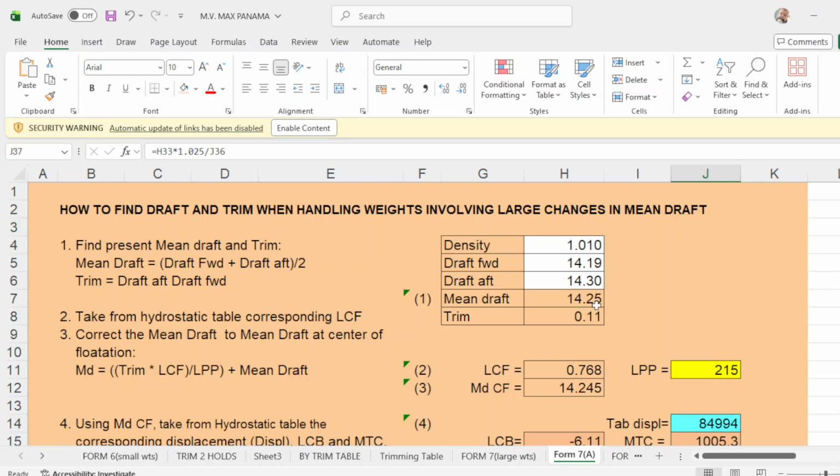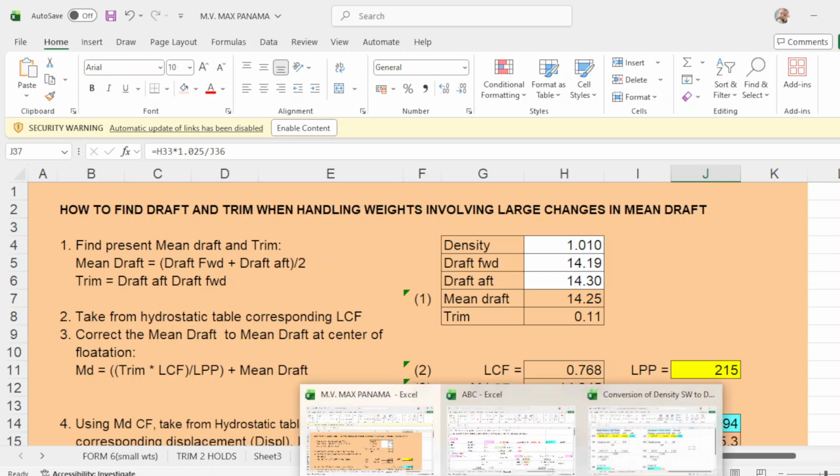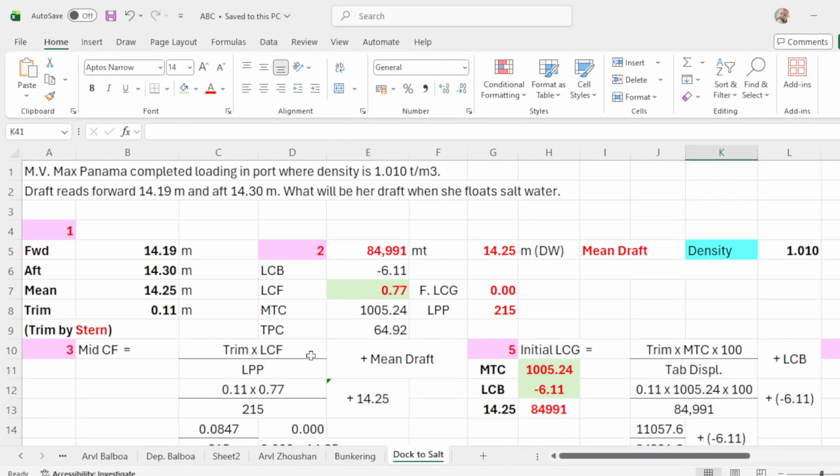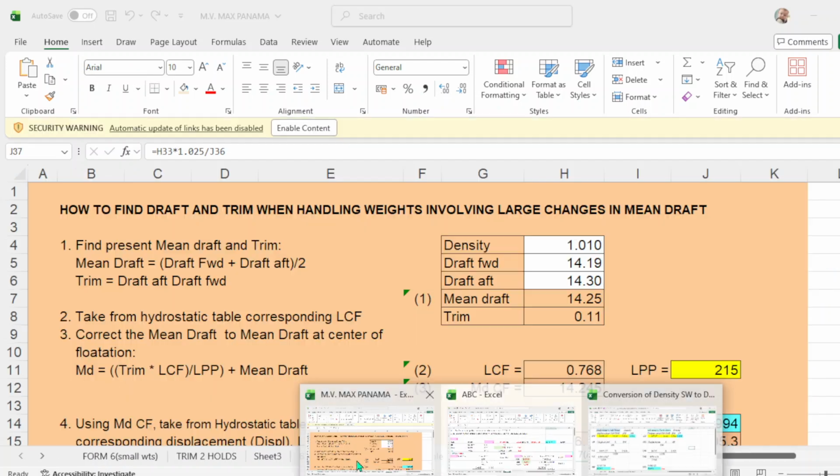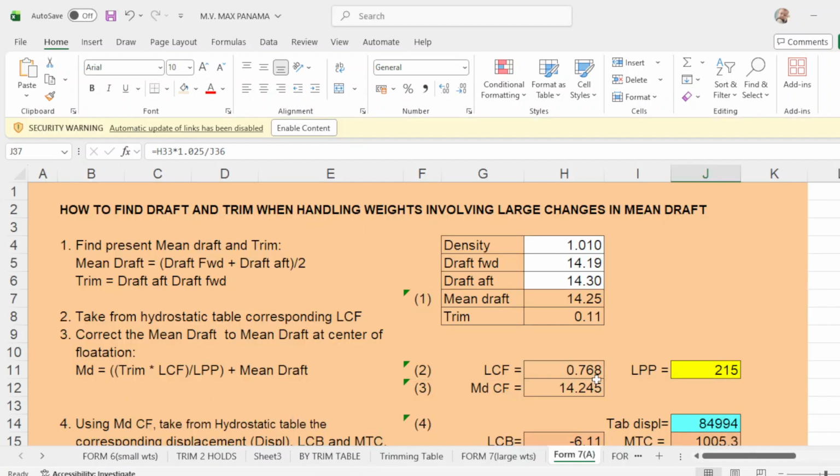From 14.25, the LCF is 0.768 in the manual, so number 2, the LCF is 0.77. The program says 0.77 if you round it up.